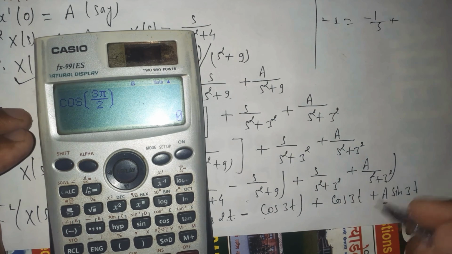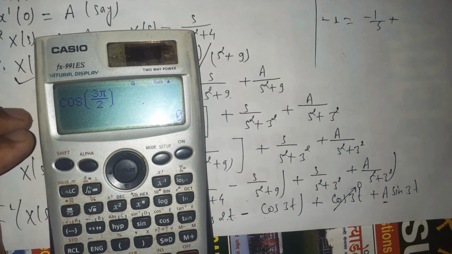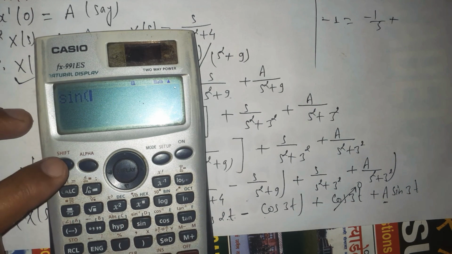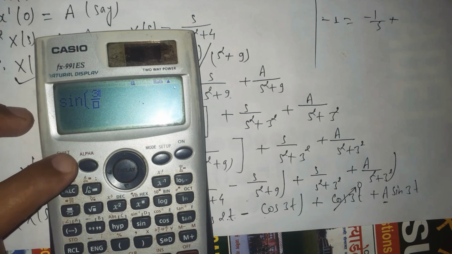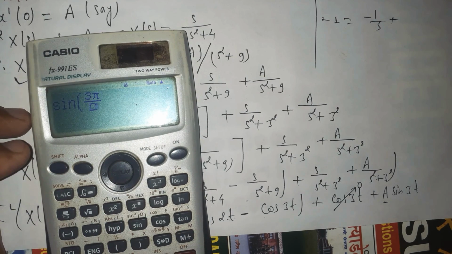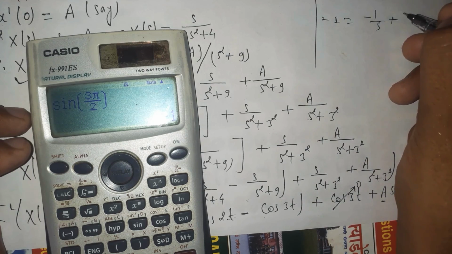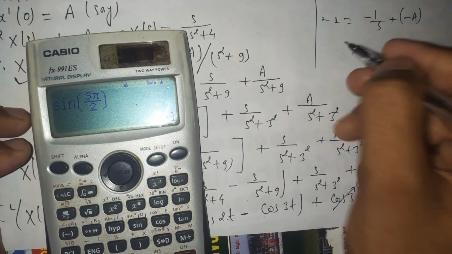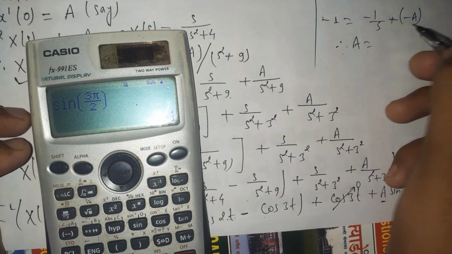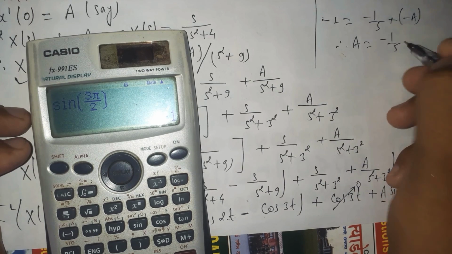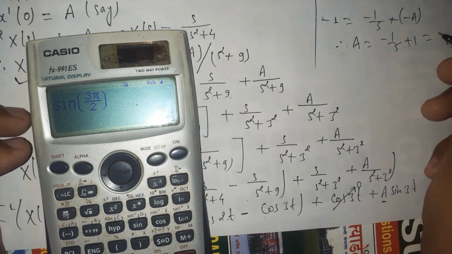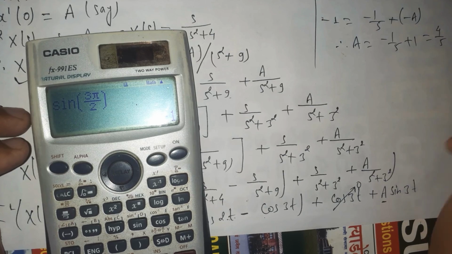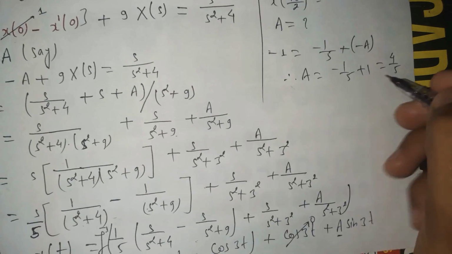This term will be 0. And a sine 3t, sine 3 pi over 2, which is minus 1. So this will be minus a. Therefore, the value of a will be minus 1 over 5 plus 1. This will give 4 over 5. The value of a is obtained as 4 over 5.